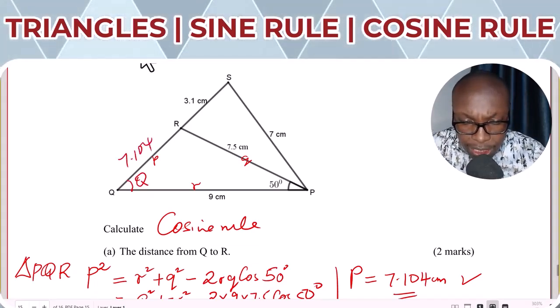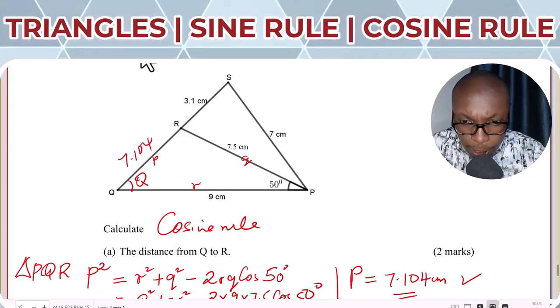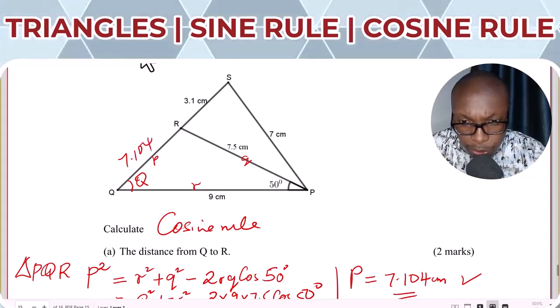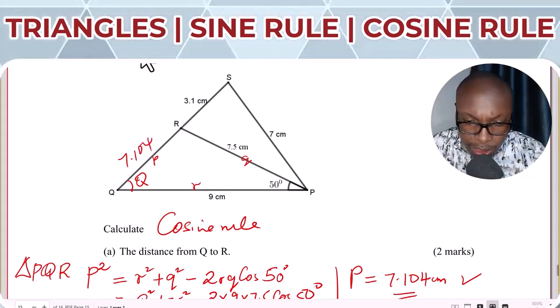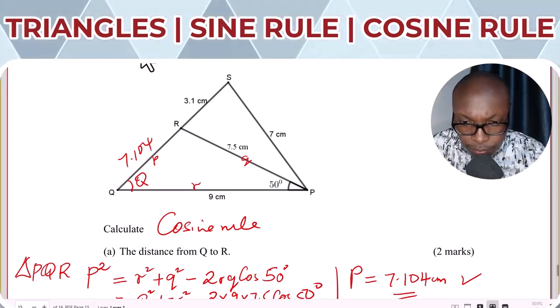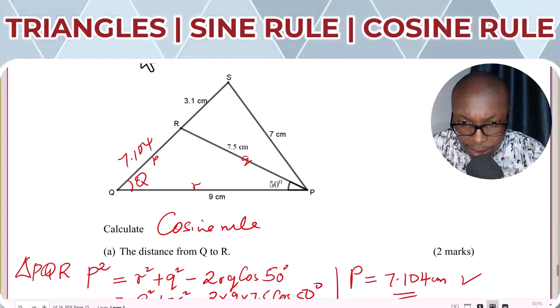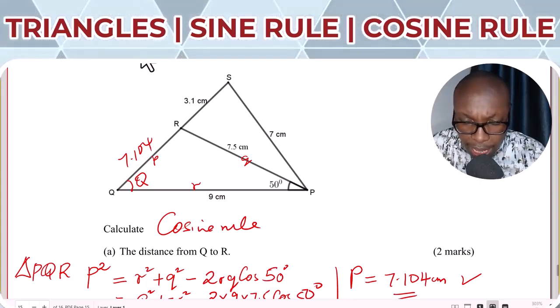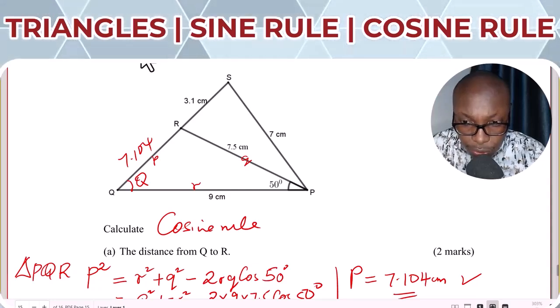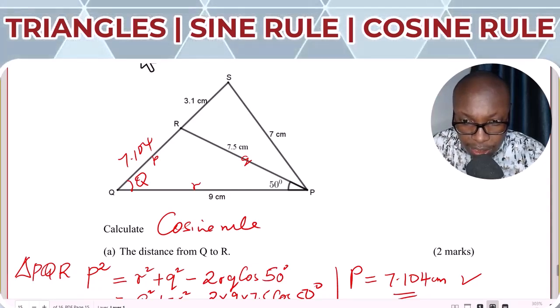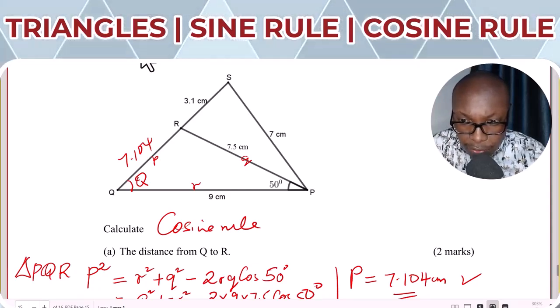Now to get the size of angle Q, once again, you need to think between a cosine rule and the sine rule, which one is best to use here and the easiest. For this one, I will use the sine rule, since I have one angle and the given side.